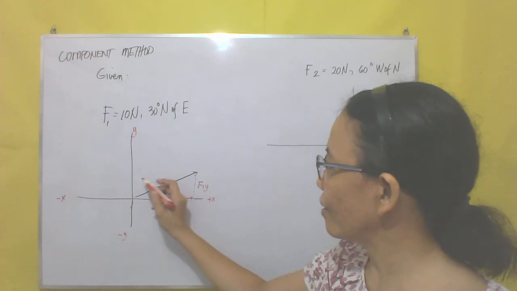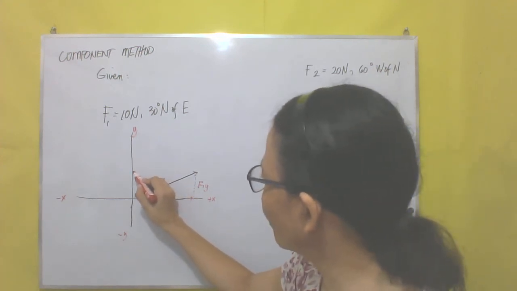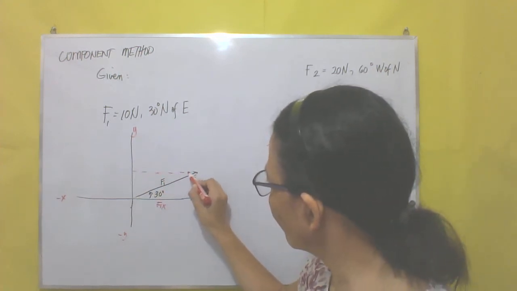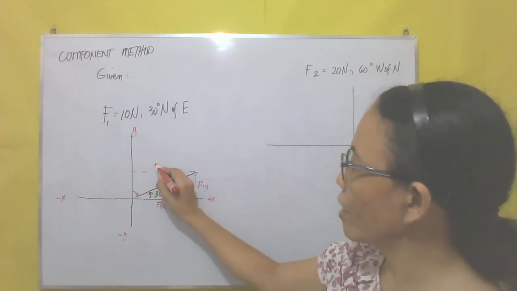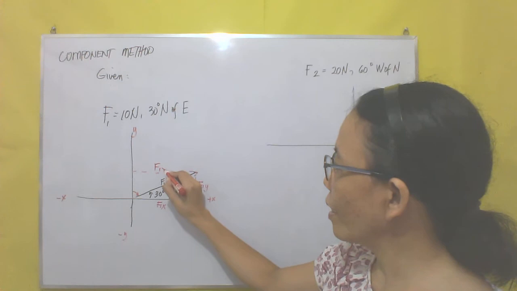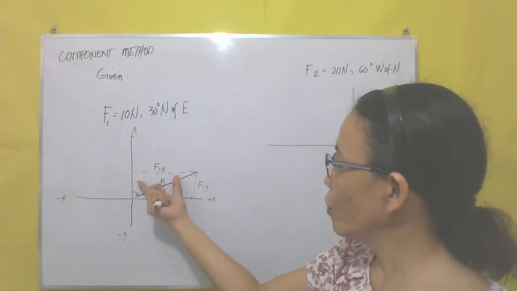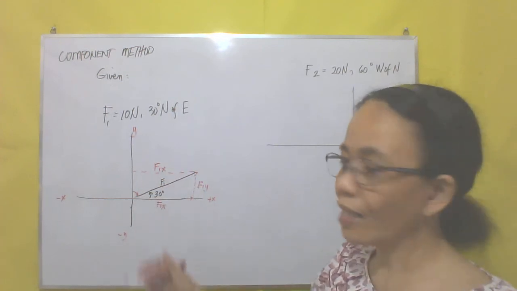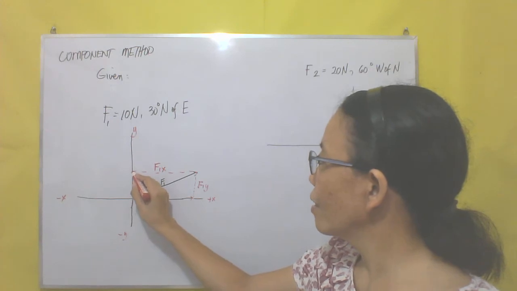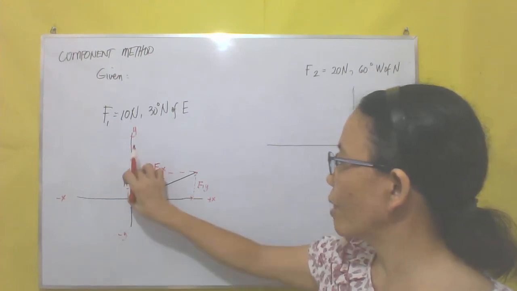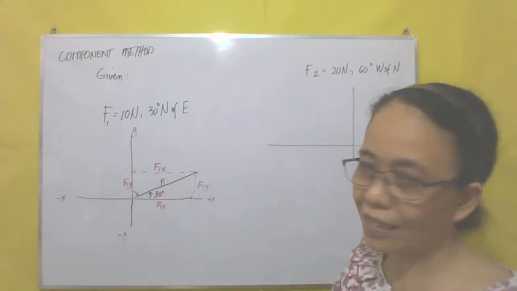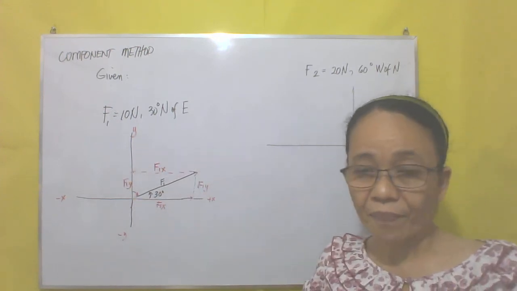Or you can extend another line here, if we're going to use this angle. So this is still F1x parallel to the x-axis, and this is still F1y parallel to the y-axis.